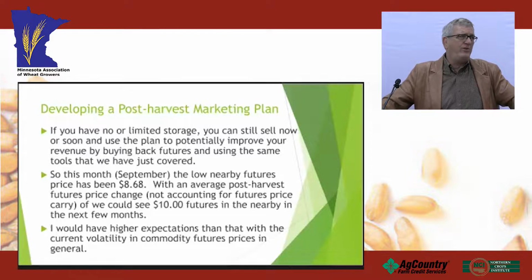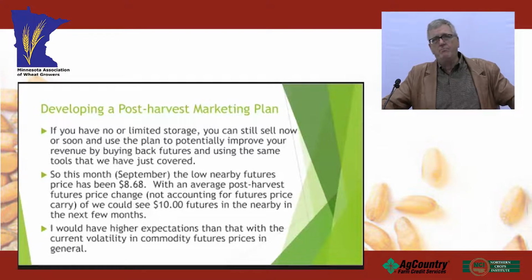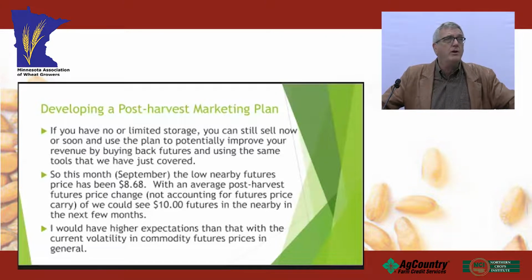As a matter of fact, we're only 70 cents away from that. We were at $9.30 yesterday, and I think we're up about 7 or 8 cents today. So we're not that far away from $10 futures, and you can decide if you want to set basis before you set futures price, if you're concerned about an extended basis challenge with this potential rail upset that we've got going on.